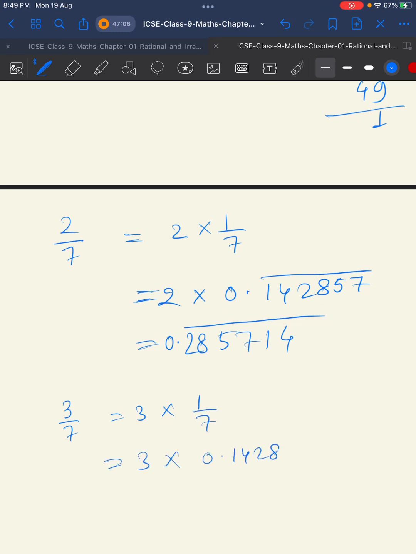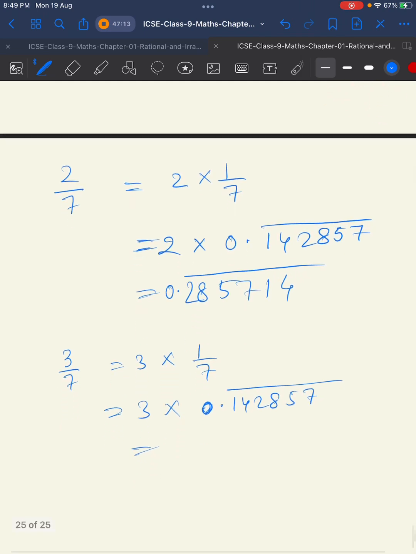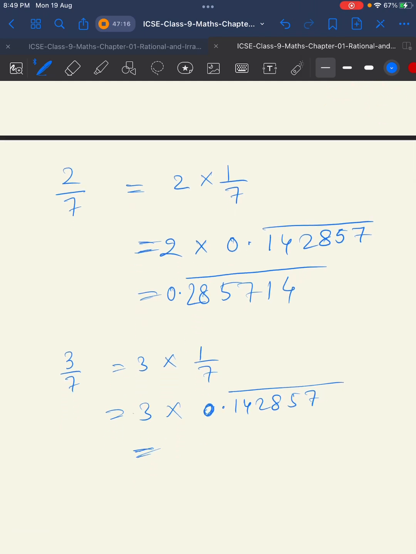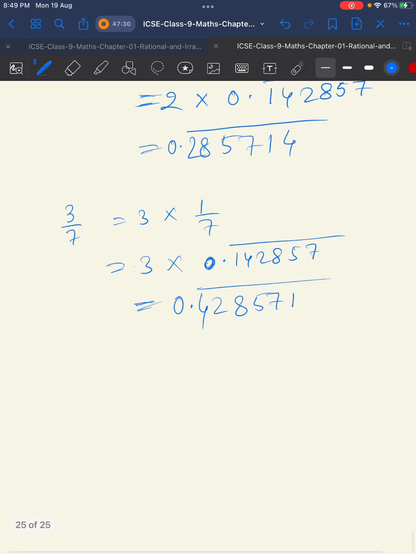So we know 1 by 7 is 0.142857 bar. Now we multiply 3 with this term, so we will get 0.428571 bar.